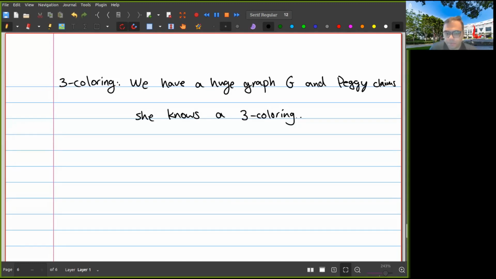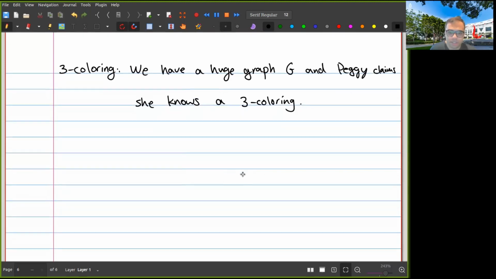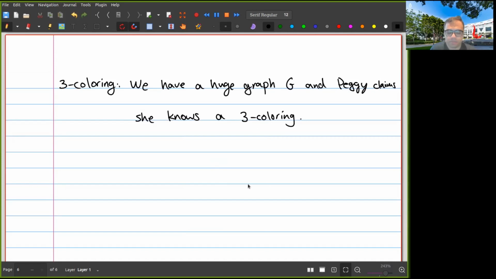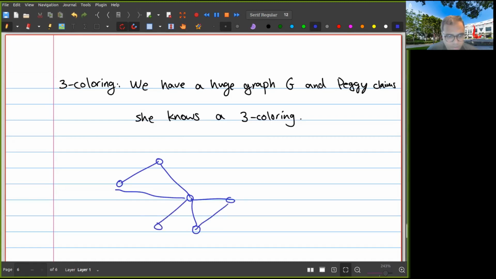So she wants to prove this claim, but of course she doesn't want to show the coloring. She wants to give a zero knowledge proof. How can she give a zero knowledge proof of this claim to Victor? So let's say I have my graph. And again, I'm going to draw a very small graph here, but in practice, this would be a huge graph, right?